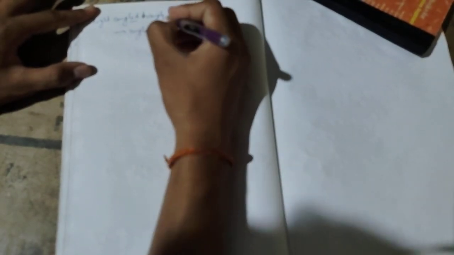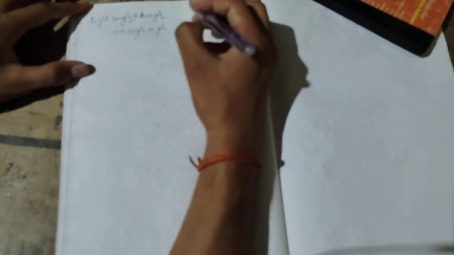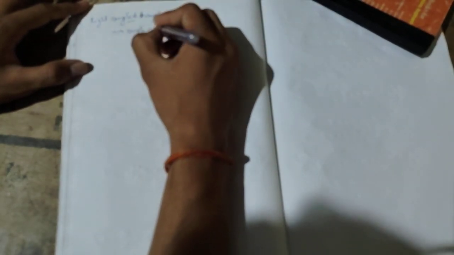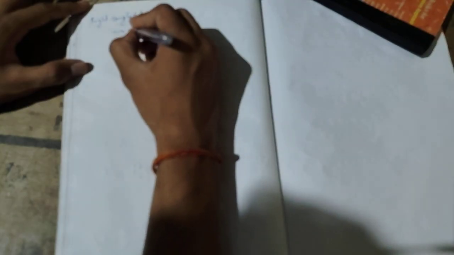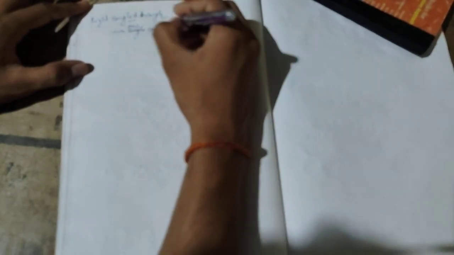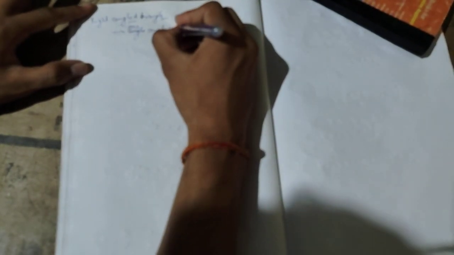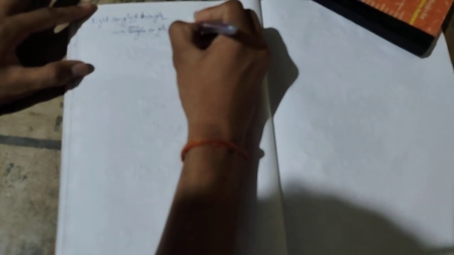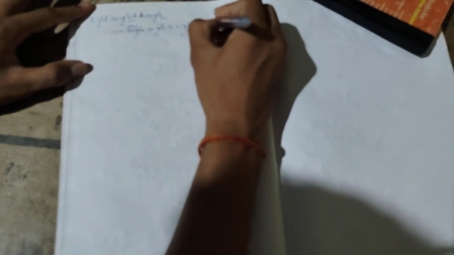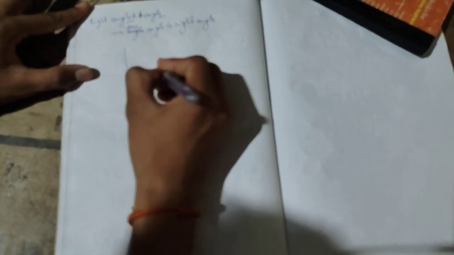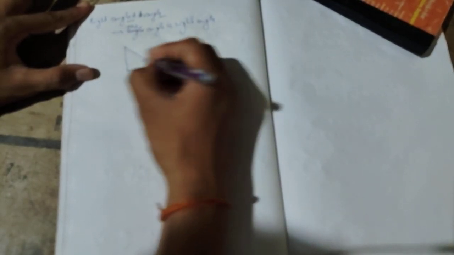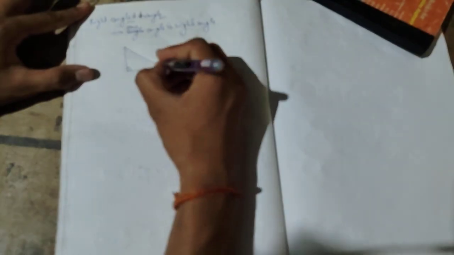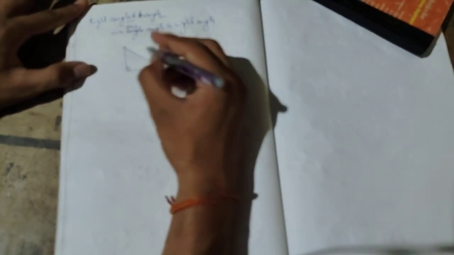It's simply that one angle is a right angle. That's the right angle. And this, let's call this theta.